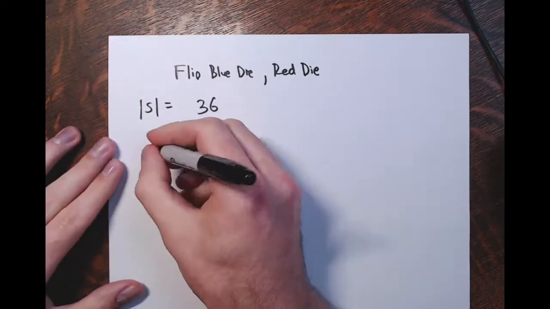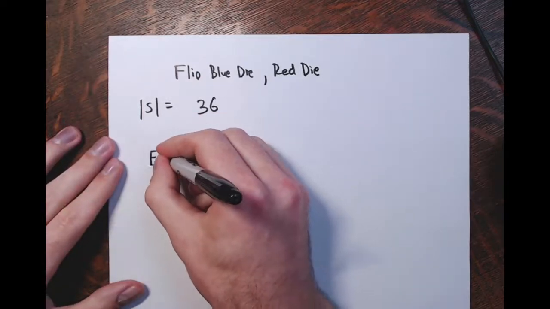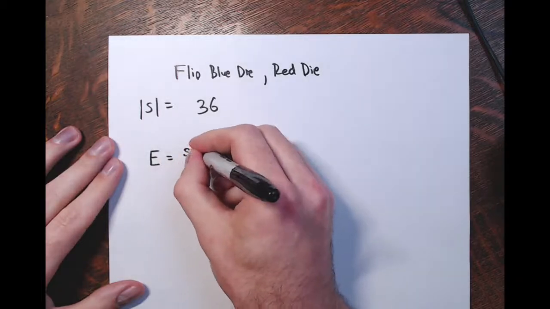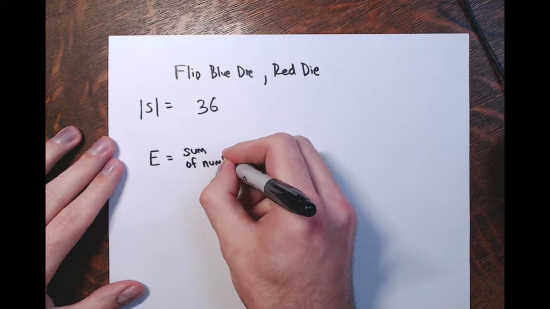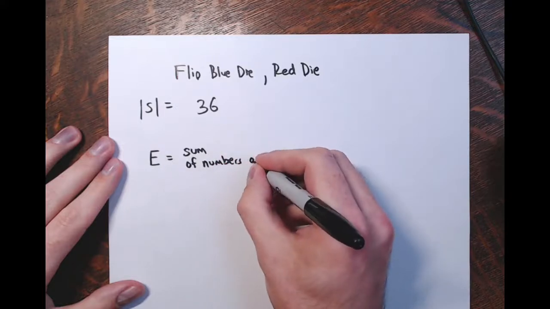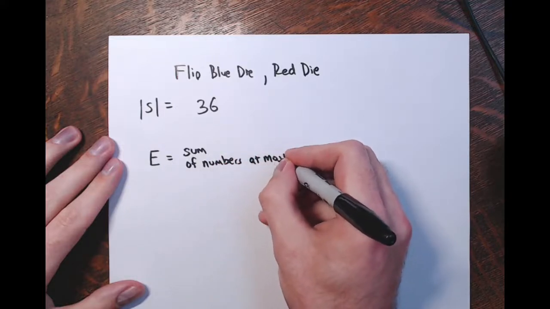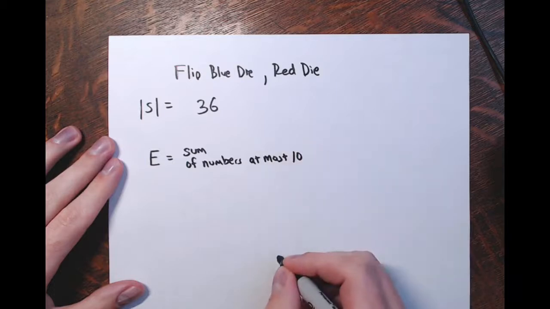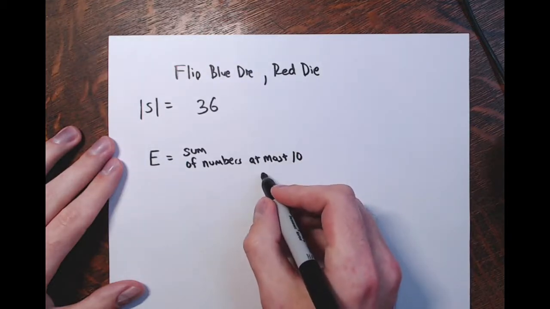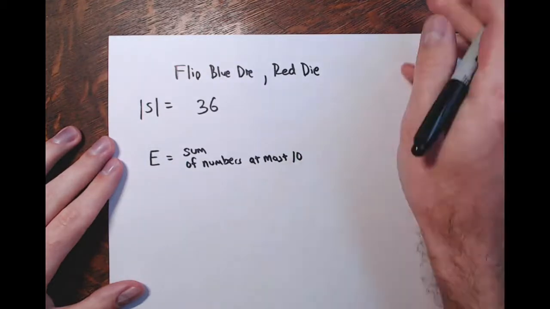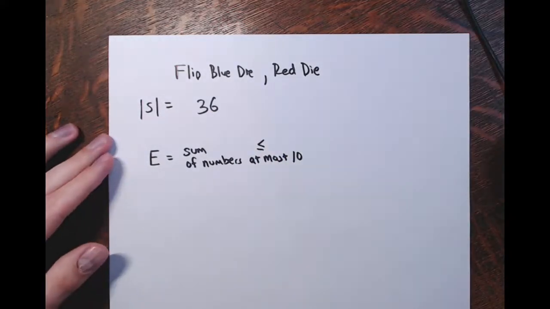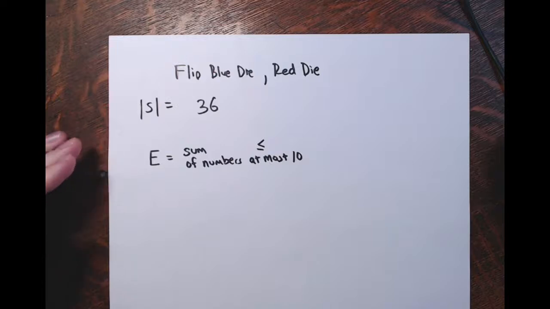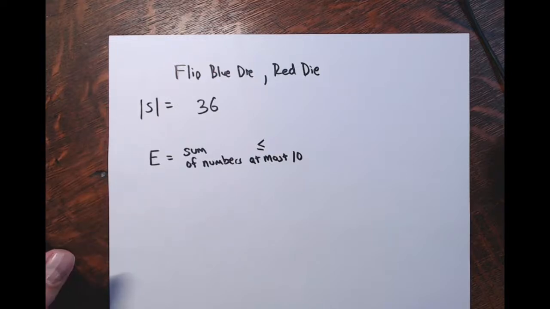Now the event is the sum of the numbers on these dice is at most 10. Now at most 10 means less than or equal to 10, 10 or less.